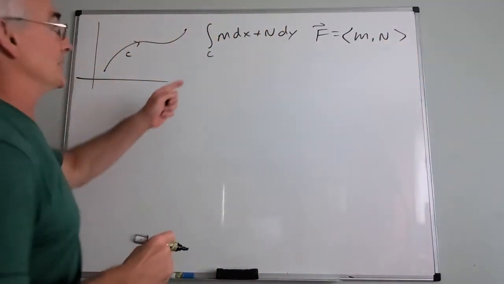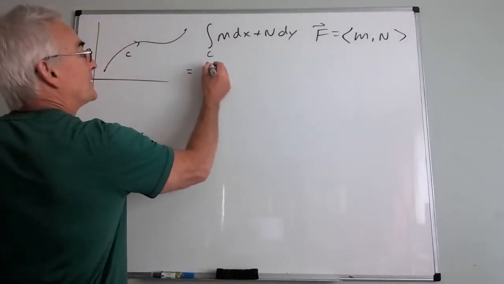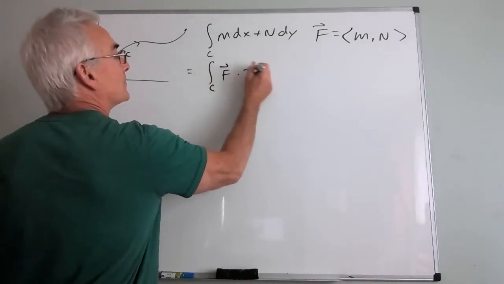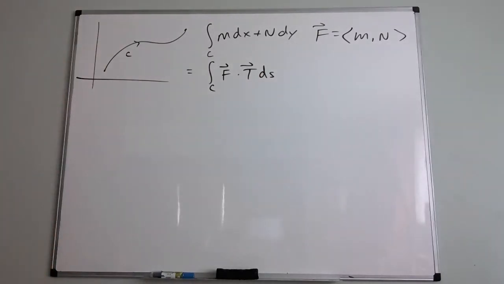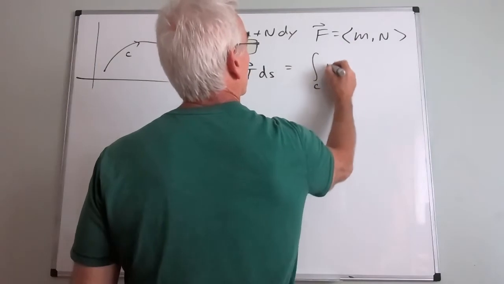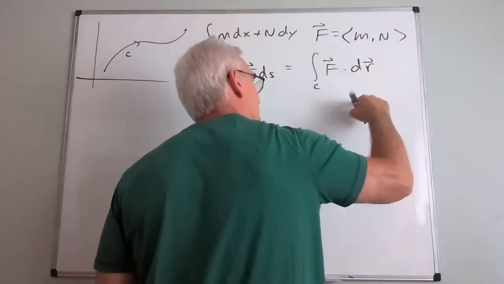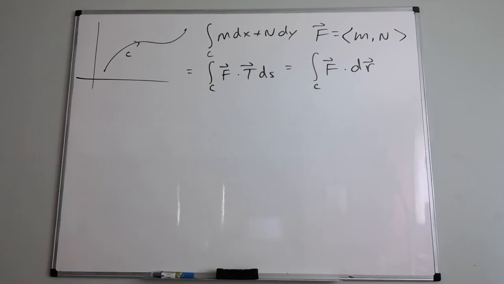There's not really a question. This is equal to work. But we showed recently, this is also equal to F dot T ds. And that's a small s, you remember. And that's also equal to F dot dr, where technically that's dr/dt integrated with respect to t. These are the 3 versions of work that we've covered so far. They all say exactly the same thing.